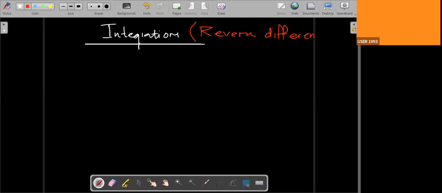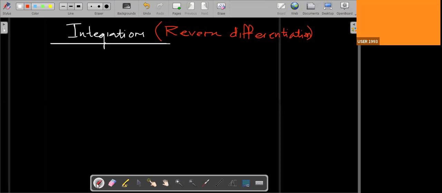Reverse differentiation. We know how to differentiate y is equal to, say, x squared.